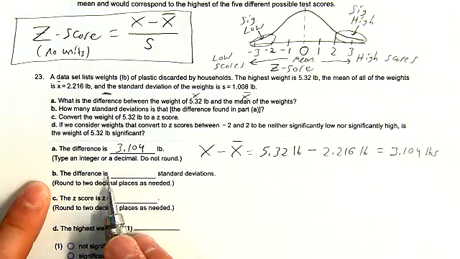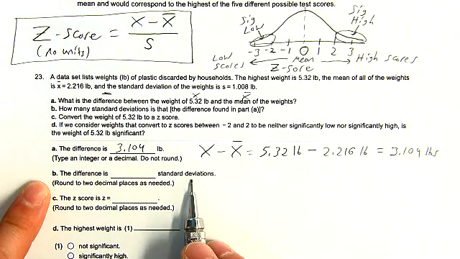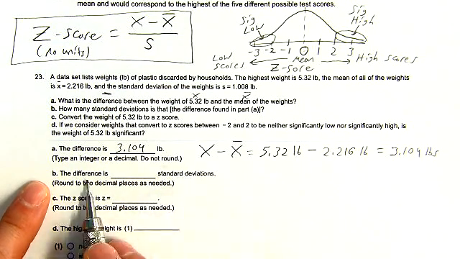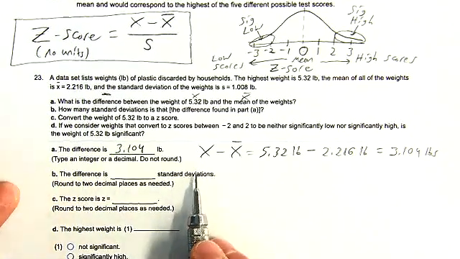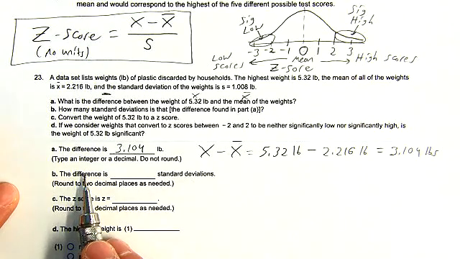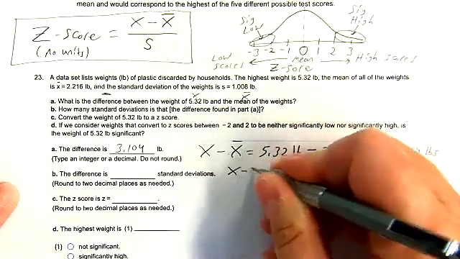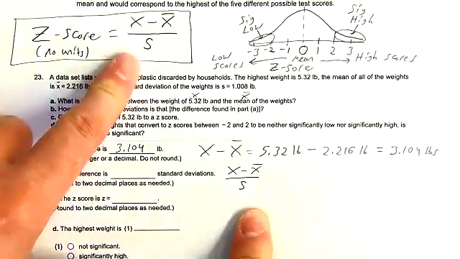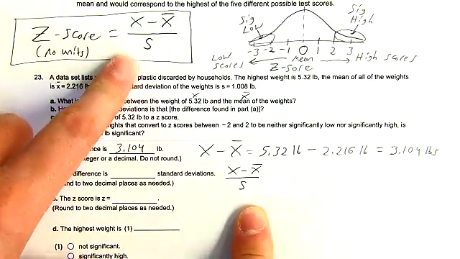Part B says the difference is blank standard deviations. So they're asking how many standard deviations go into this difference. Asking how many times something goes into a number is division. So they're asking what's x minus x bar, this difference, divided by s. Notice that is exactly what the z-score equation is.